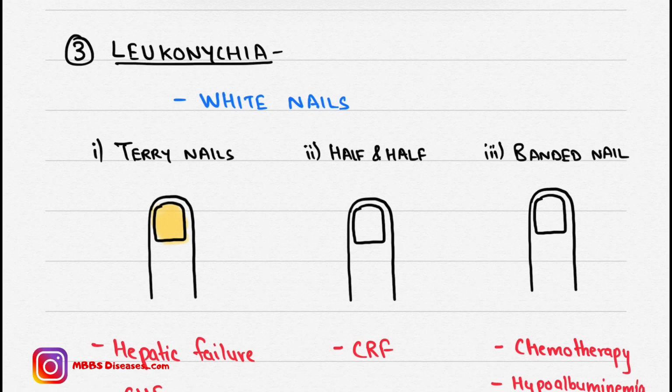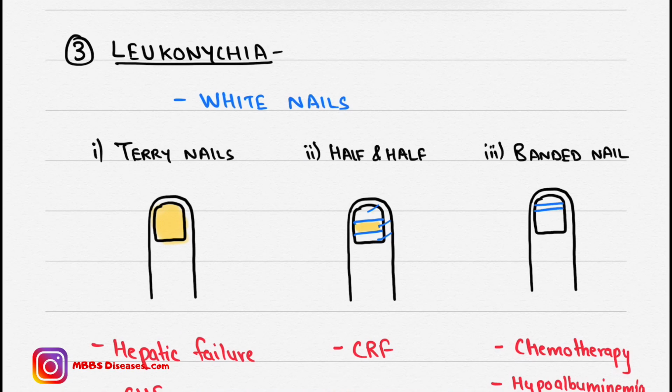If it is half and half, only this part is involved. This is known as a half and half nail. Now coming to the banded nail. What is a banded nail?